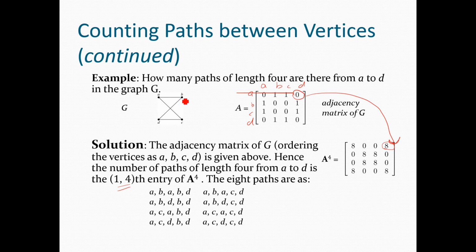So A, B, then B, A, then A, B, then B, D. This is one path of length 4. Similarly, A, B, B, A, A, C, and D. So this is another path of length 4.